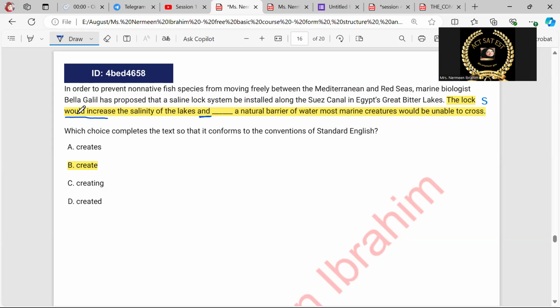After would, there must be the verb without any additions, the base form of the verb. Do you agree? Yes. So definitely we're going to eliminate creating, because this one doesn't have ing. Created, because, of course, I want would create or create.